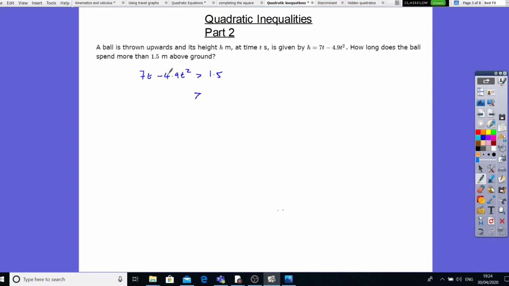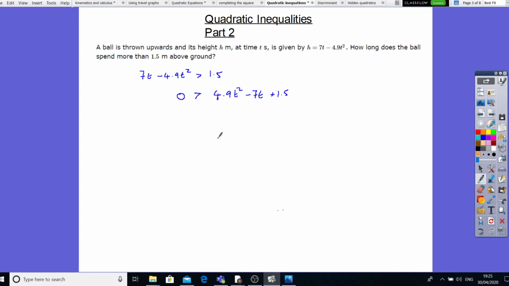I always like to have the t squared positive, so having a positive quadratic. So bring that to the side, becomes plus 4.9t squared. Take the 7t to the other side, becomes minus 7t, and this is already positive, which is plus 1.5, and there's nothing left on here, so that's 0.